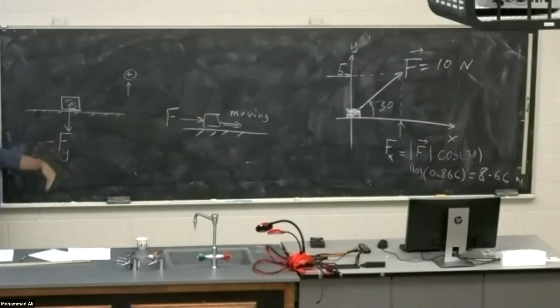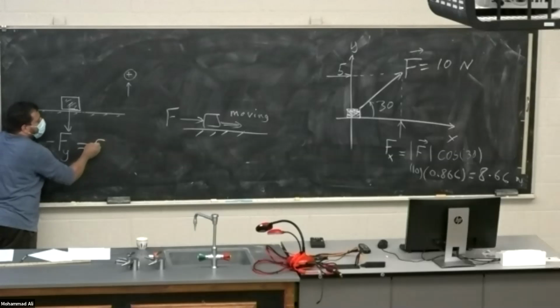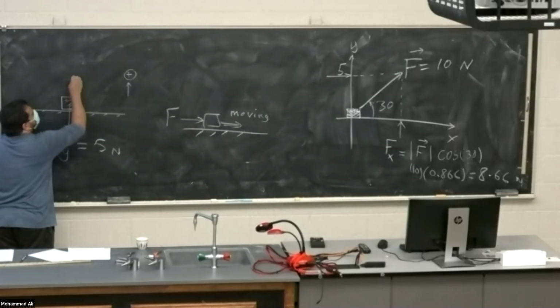In this case, I have a surface. There's a contact between these two objects, the surface and the mass or the object. For example, if my force downward is 5 newtons, there is a reaction force. You will see that it is upward.